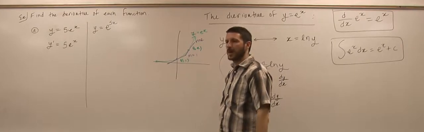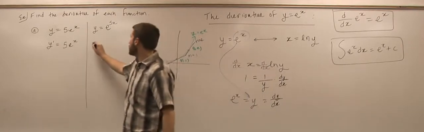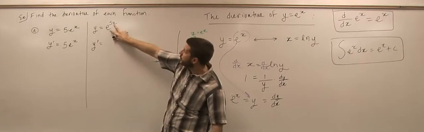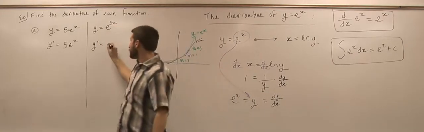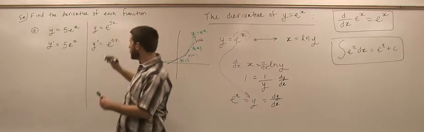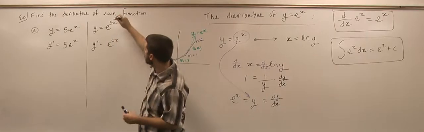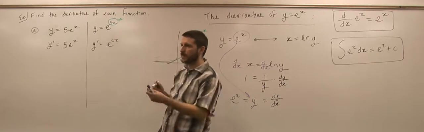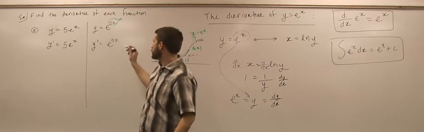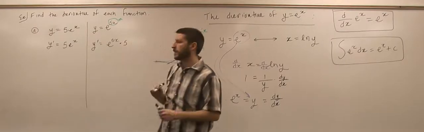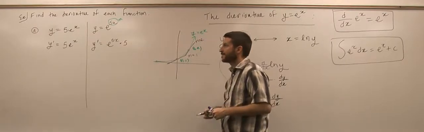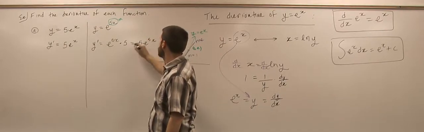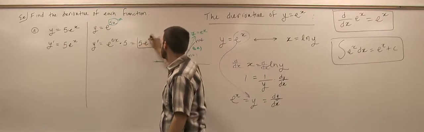What's that do? y prime will equal 5 here. Yeah, so the derivative of e to the 5x is e to the 5x again, but because our inside function is more complicated, our inside function has a derivative of 5. So the chain rule says multiply by 5. So 5e to the 5x would be the derivative of this.